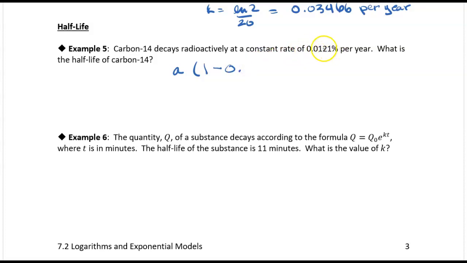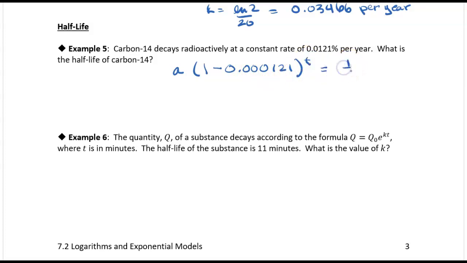Be careful because this is in percent. So if we convert it from percent, we have 0.000121. This one's really easy to get messed up because it looks like it's already in decimal form, but this is 0.0121%. So we convert it to decimal, and we have to add a couple zeros there.